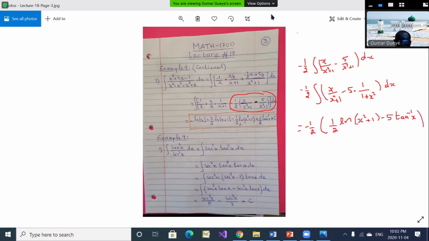And that's what I did here. So now when you put this, you drop the brackets, you will get negative 1 over 2 times 1 over 2. That's why I said it's going to be here 4, because you multiply these two. And then negative 1 over 2 times minus 5 becomes a plus 5 over 2 tan inverse. And you add the constant C.